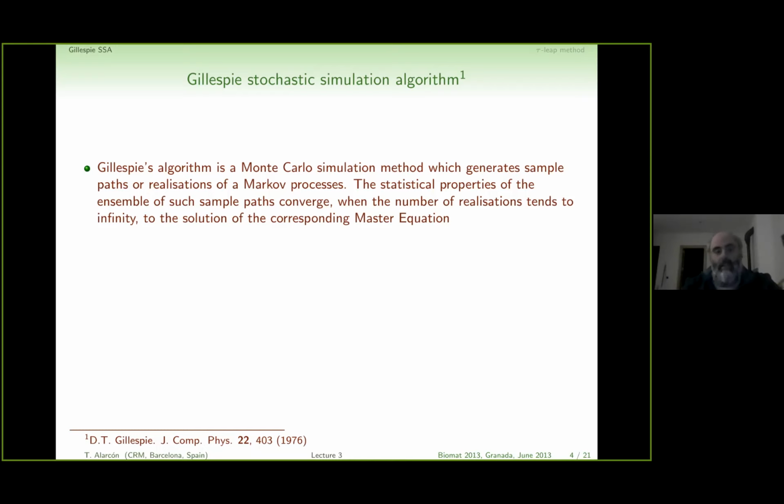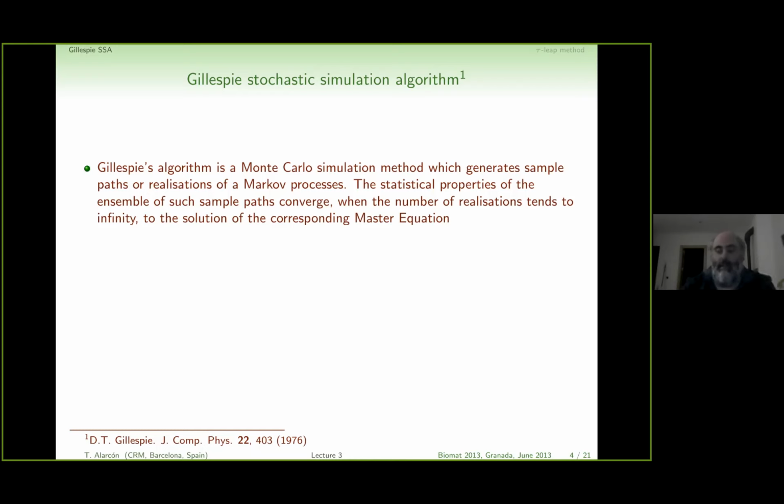This is why I was saying before that this is a very peculiar numerical algorithm, because it always converges, provided that you have coded it up correctly. There are no issues like you have, for example, when you do numerics of PDEs, where you always have problems, and sometimes problems of convergence. This converges unconditionally, and you are always sampling the exact solution of the master equation.